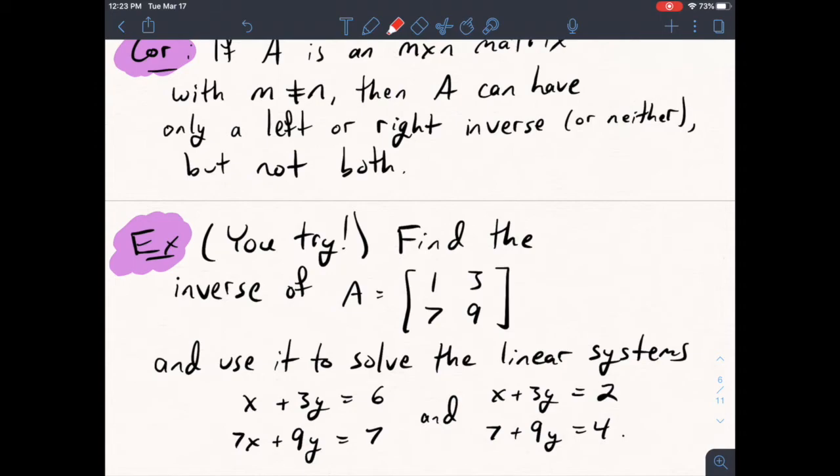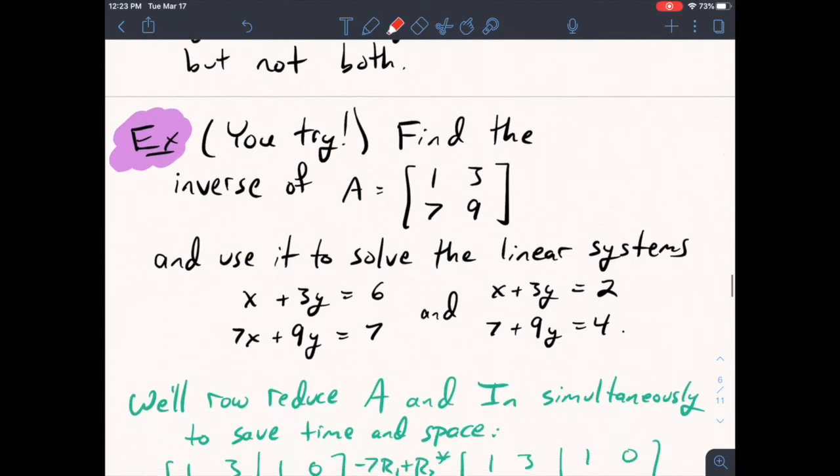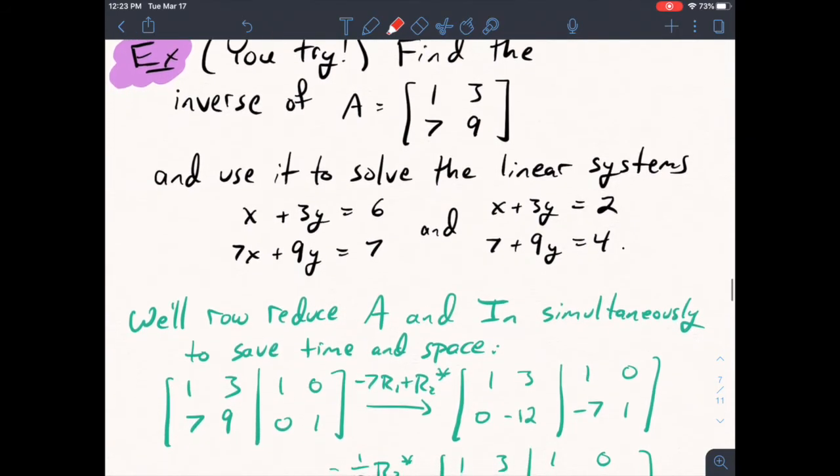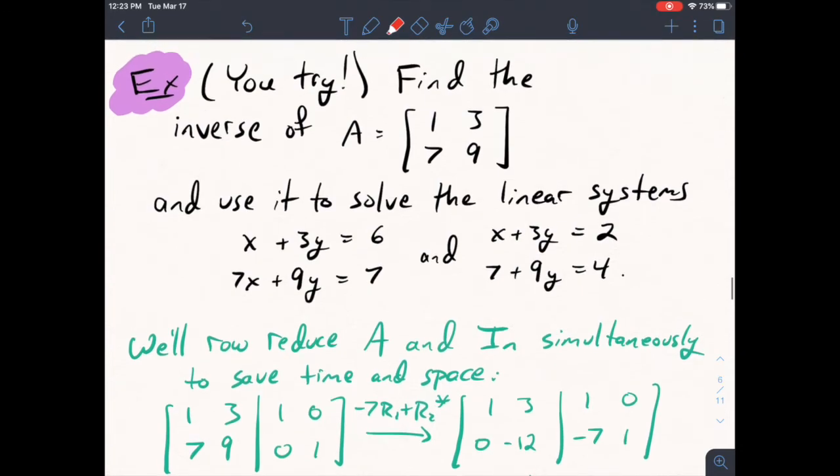All right, cool. I'll assume that you've had time to try this on your own. So now I will go through the solution. I'm going to do something a little bit different here. I'm going to row reduce A and the identity matrix simultaneously to save time and space. If you remember, before, I took A, row reduced it to the identity matrix, and then did those same row operations to the identity matrix, and I should get A inverse at the end.